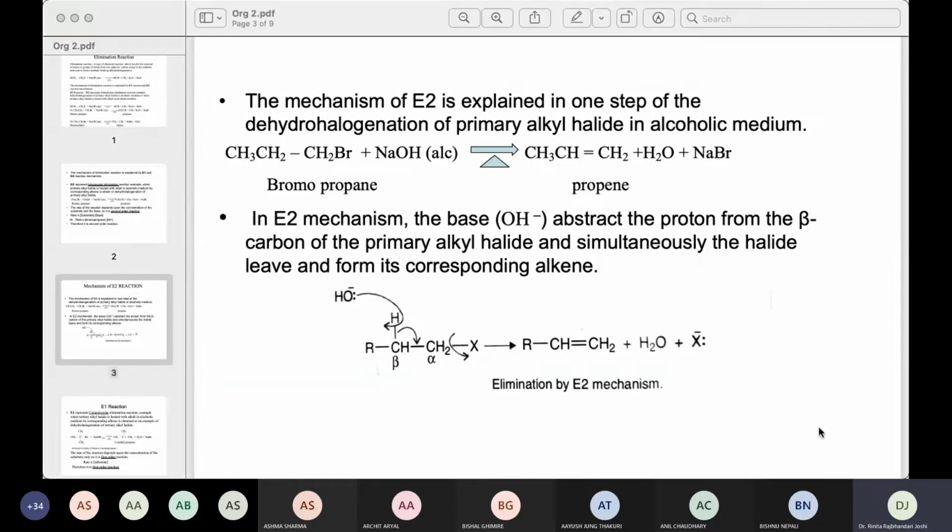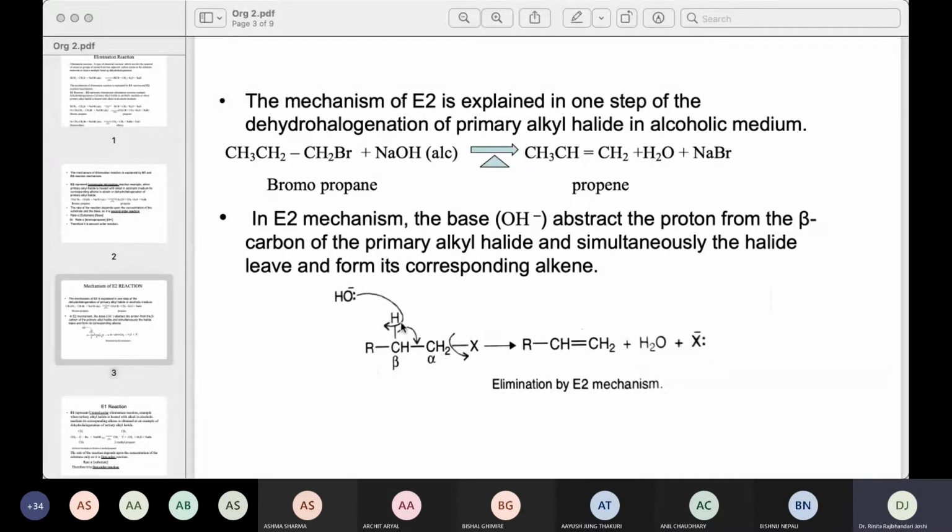I think it is the Lowry and Bronsted concept. Right? So the acid is the one which donates a proton, and which accepts the proton is the base. So with that concept, this hydroxide is said to be the base instead of nucleophile.